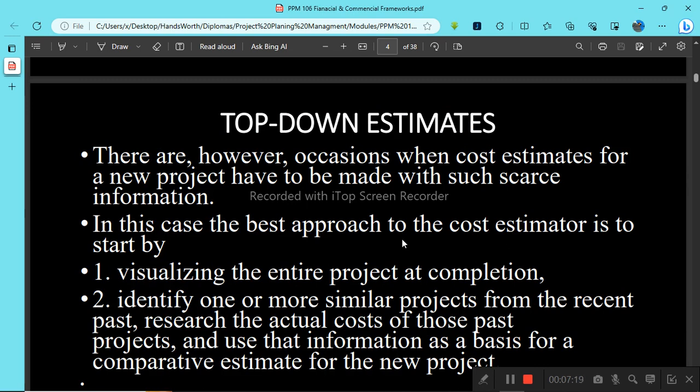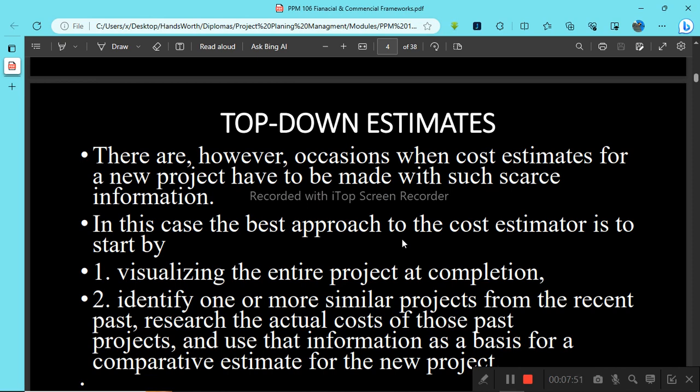So the first one is known as the top-down estimate, which simply starts by looking at the top activities that are listed in your work breakdown structure, and then you begin to estimate going downwards. There are, however, occasions when cost estimates for a new project have to be made with such scarce information.